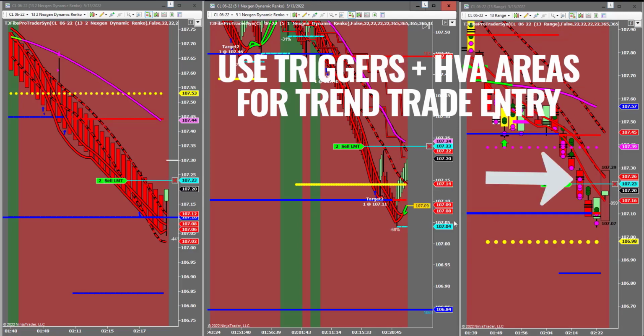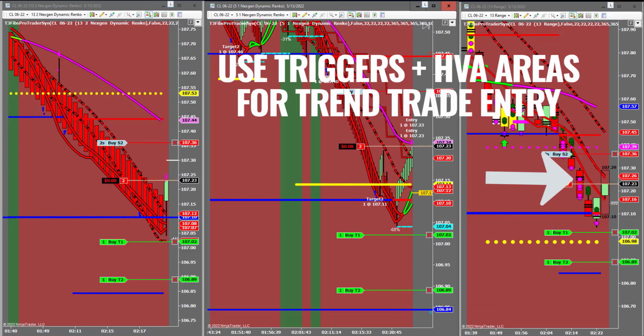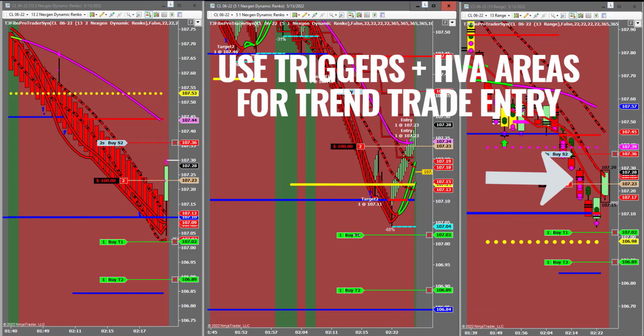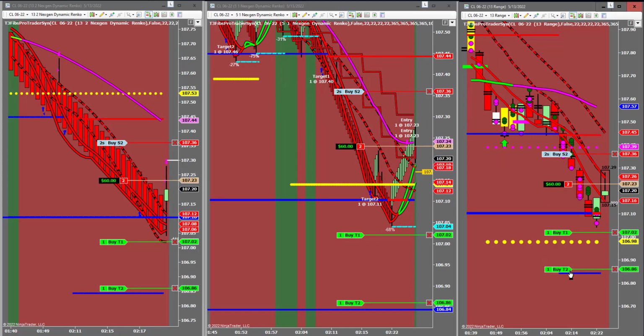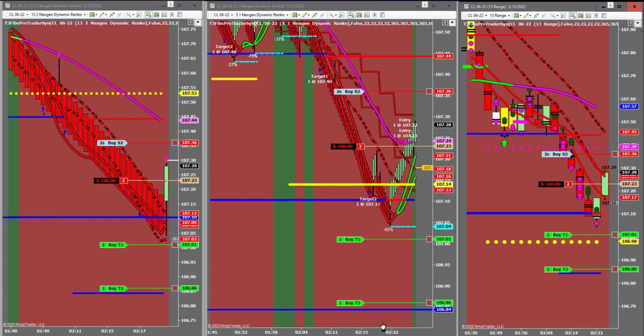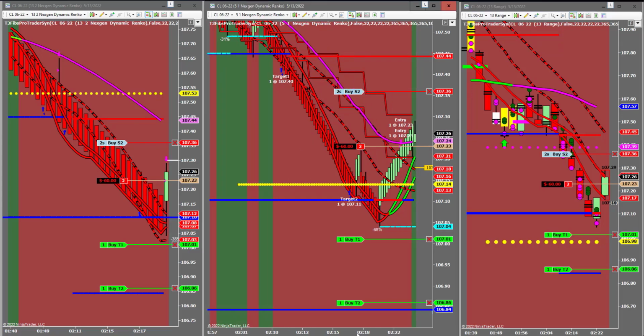So again, just to show you the concept, see how the prior high volume areas on this chart. So the triggers are past the fibs. I use the mid band on the 5-1 chart plus prior high volume areas of a down bar on the other chart. And again, this may not be the best trade.